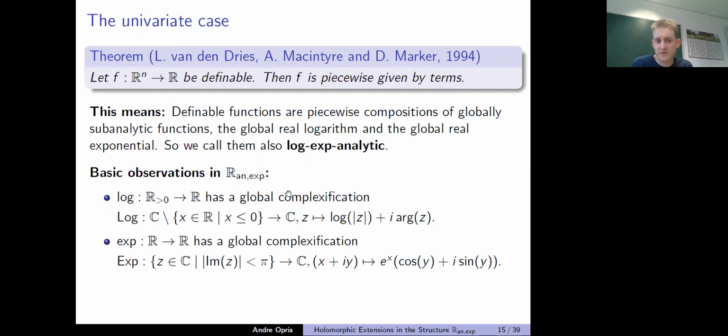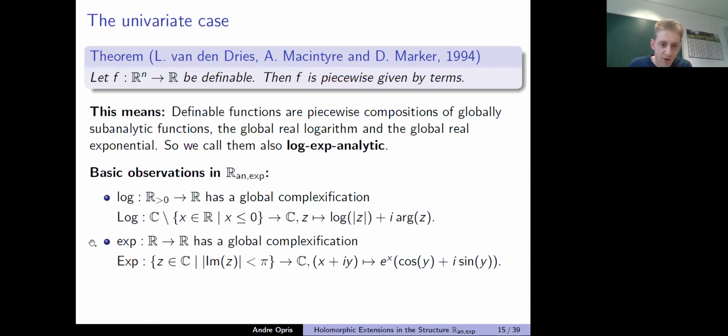And for example, if you look at the global exponential function, you have also a global complexification in the following way. So here this x plus iy is mapped onto e^x times cosine y plus i sine y. So here we have to shrink the imaginary part in order to obtain that the cosine y and the sine y are definable.